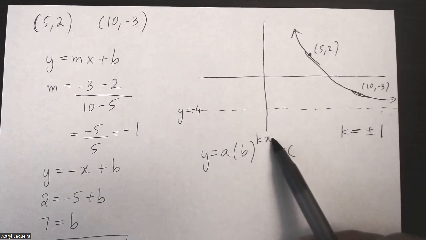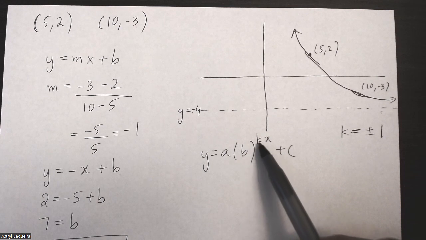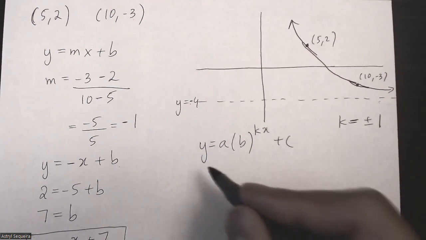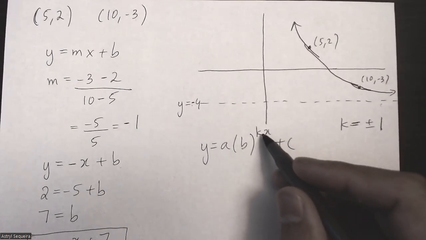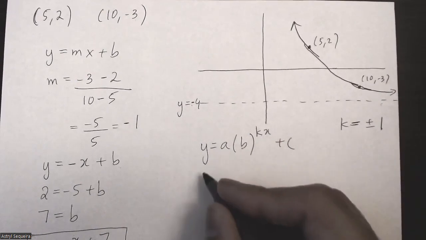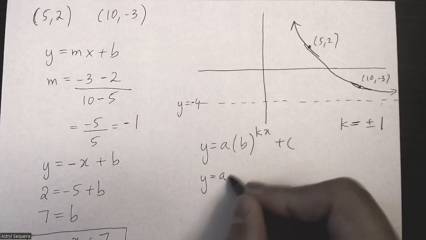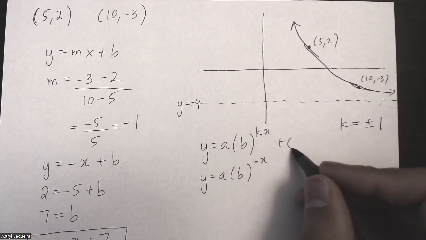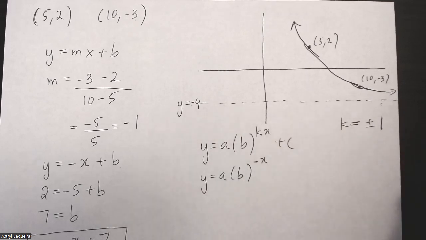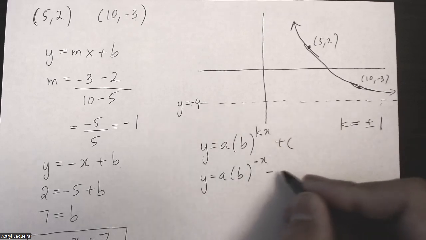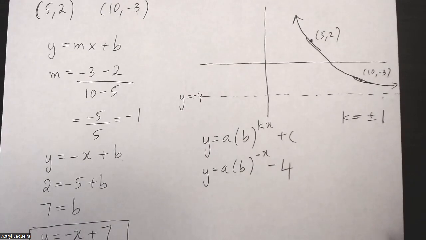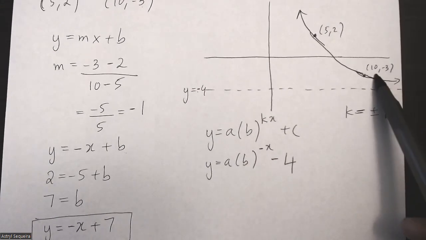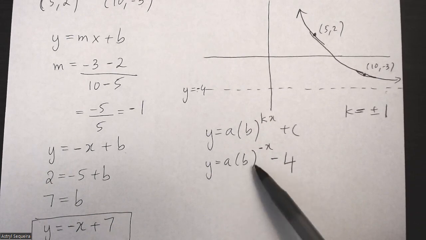You don't have to worry about horizontal shifts. You don't have to worry about the k value being anything else. So I know that for this one, my k value is -1. So y equals a b to the power of -x. And I also know that my c value is just my horizontal asymptote, which is -4.